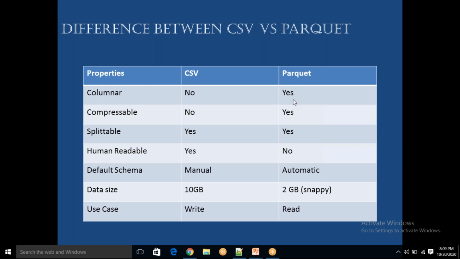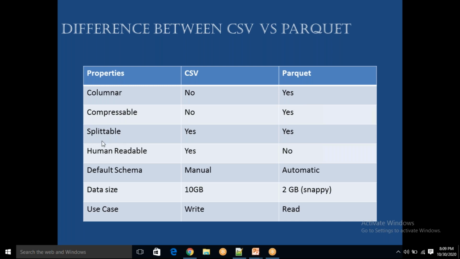But if you convert the same data into Parquet, at least 75% of the file size will reduce. For example, if you have a CSV file of 100 MB and convert it into Parquet, it will show only 20 to 25 MB.